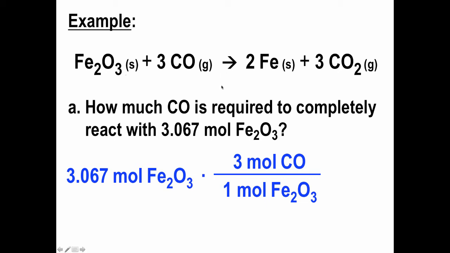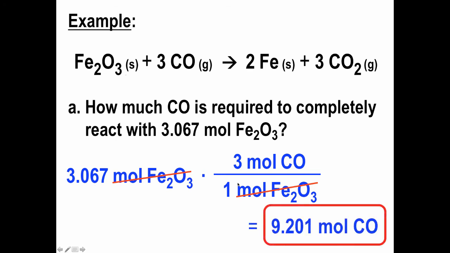And so if we set up a conversion factor like we've done before, but with moles of Fe2O3 on the bottom, which we want to cancel out, and moles of CO on the top, which we want to get, then we simply do the math. 3.067 times 3 is 9.201 moles of CO, and that is a perfectly acceptable how much.